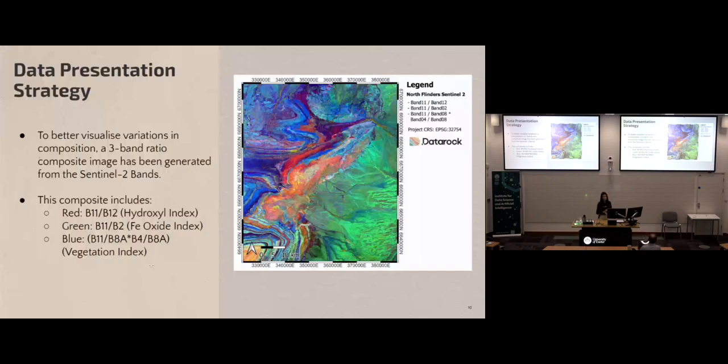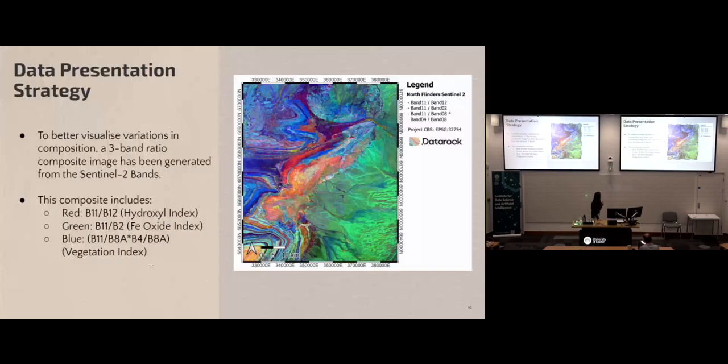For visualization, we have made this RGB composite image, which basically uses bands 2, 4, 8A, 11, and 12. The red channel represents the hydroxyl index and is calculated as the ratio of band 11 to band 12. The green channel represents the iron oxide index and is calculated as the ratio of band 11 to band 2.